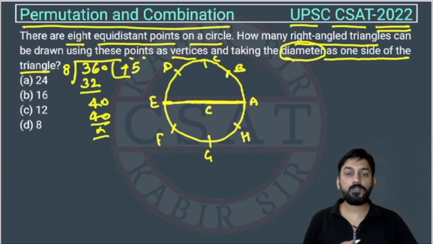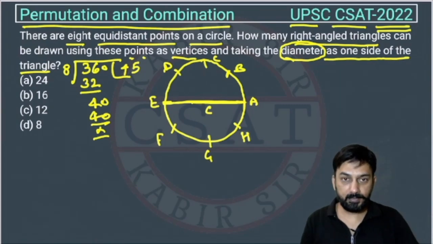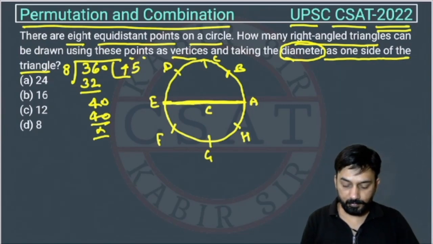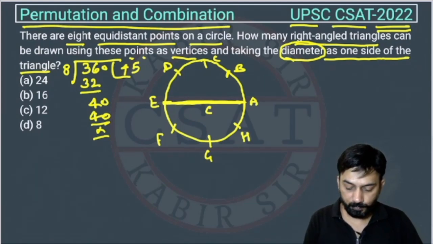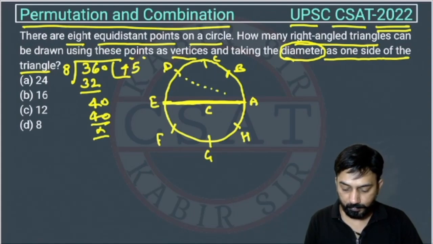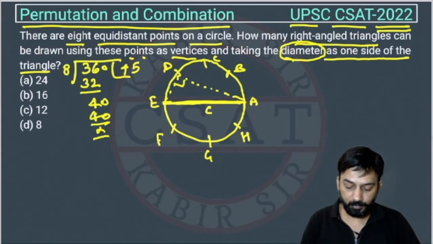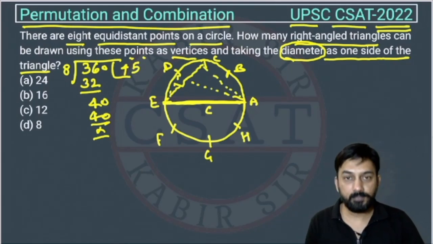So here this question is using one property of the circle. The property is that if we are taking this diameter as one side, right? So any angle you will draw on this side, with this point, suppose you are drawing this triangle, right, this one, this will be a right angle triangle. Similarly, if you will draw with this point, this will also be a right angle triangle.